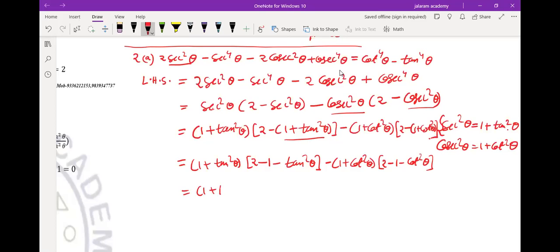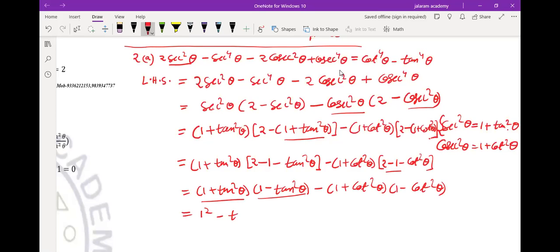So it is equal to 1 plus tan square theta into 2 minus 1, 1 minus tan square theta, minus 1 plus cot square theta into 2 minus 1, 1 minus cot square theta, equals 1 plus tan square theta into 1 minus tan square theta is 1 square minus tan square theta whole square, into again 1 plus cot square theta into 1 minus cot square theta, 1 square minus cot square theta whole square.